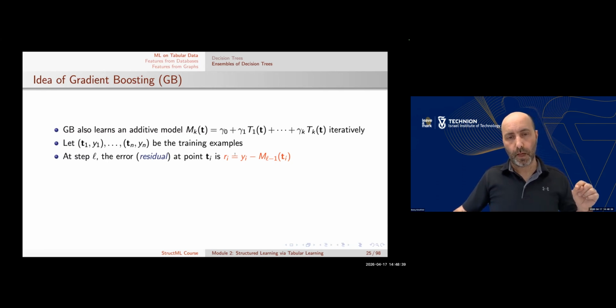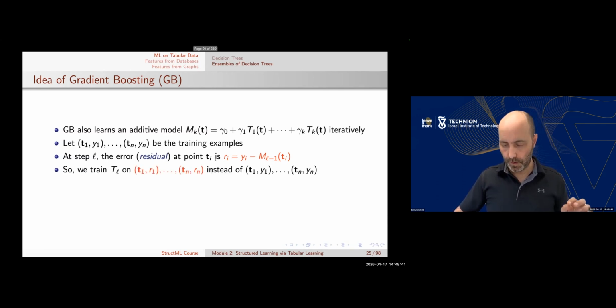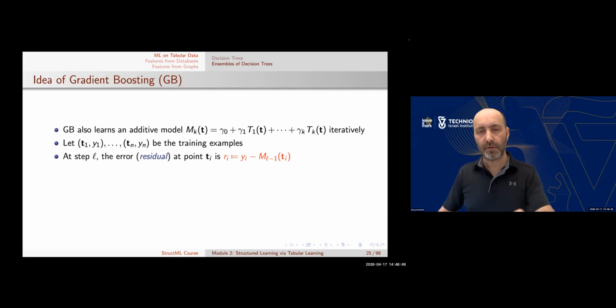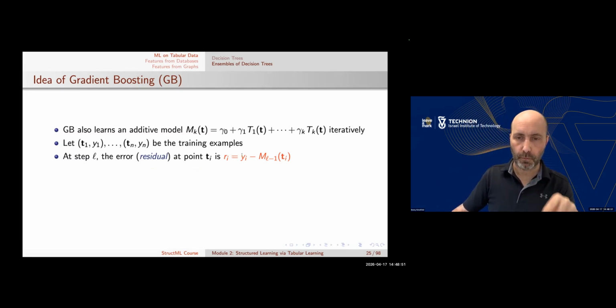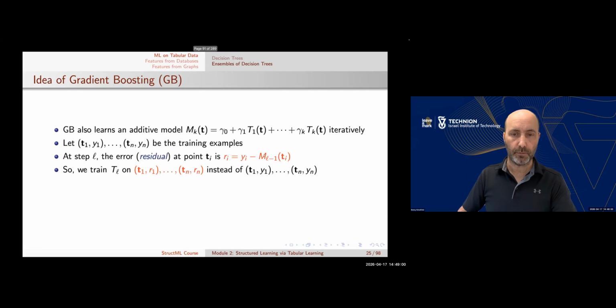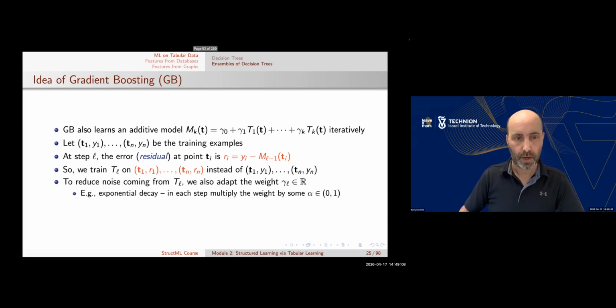So basically what we are doing in gradient boosting is looking not at y_i, but at the residual, the difference. What is the difference between what we want to predict, y_i, and what we actually got in the previous model? That's what we're aiming for, and that's what we are training T_L to be good on. So we train T_L on the residuals rather than the original labels.